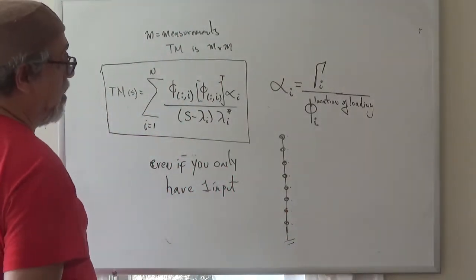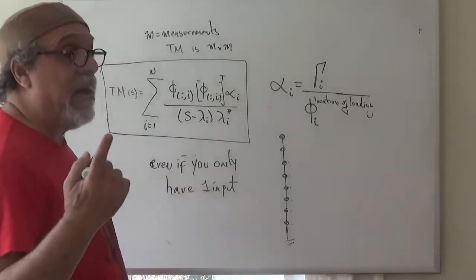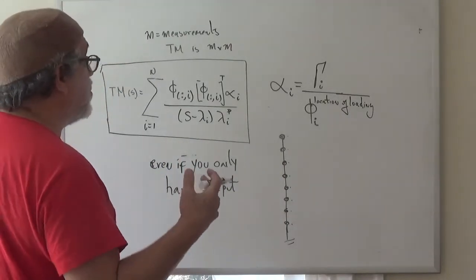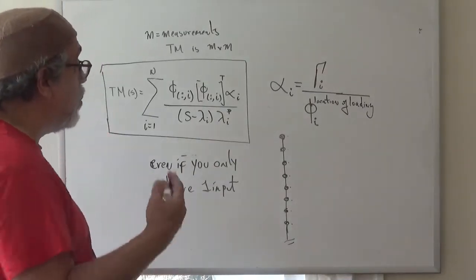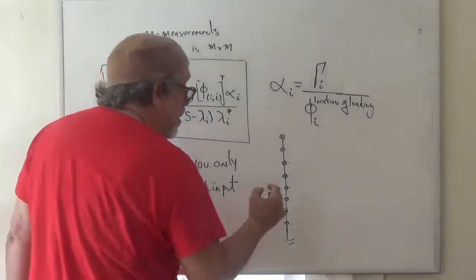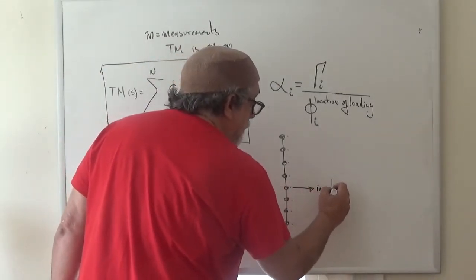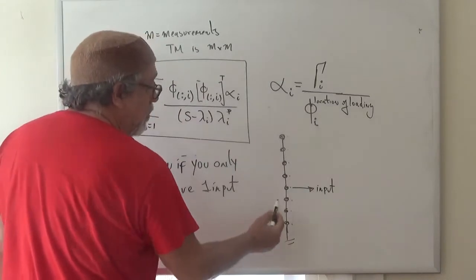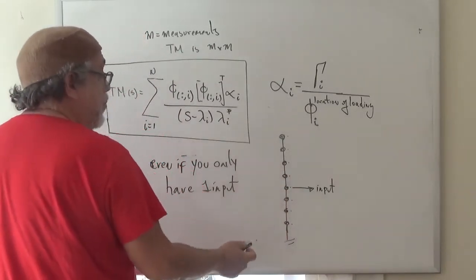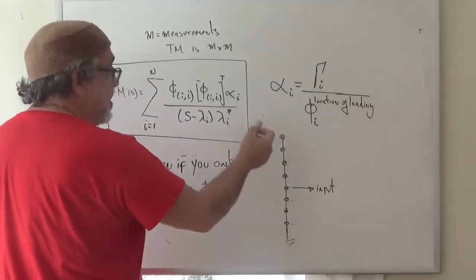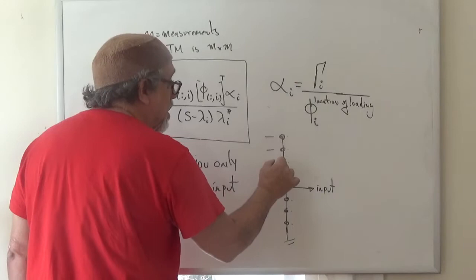I could put an accelerometer at all levels. That's not very costly. I only need to have, well, there's some caveats sometimes depending on controllability, but I only need to have, according to this, one input. So if I put the input here, which is collocated with this output, then I will be able to calculate the transfer matrix for this system just as if I had applied inputs everywhere.